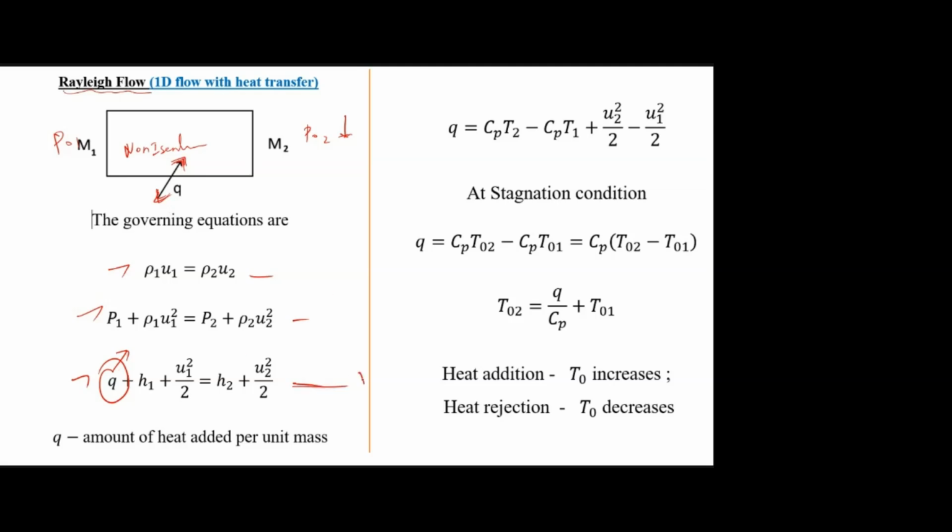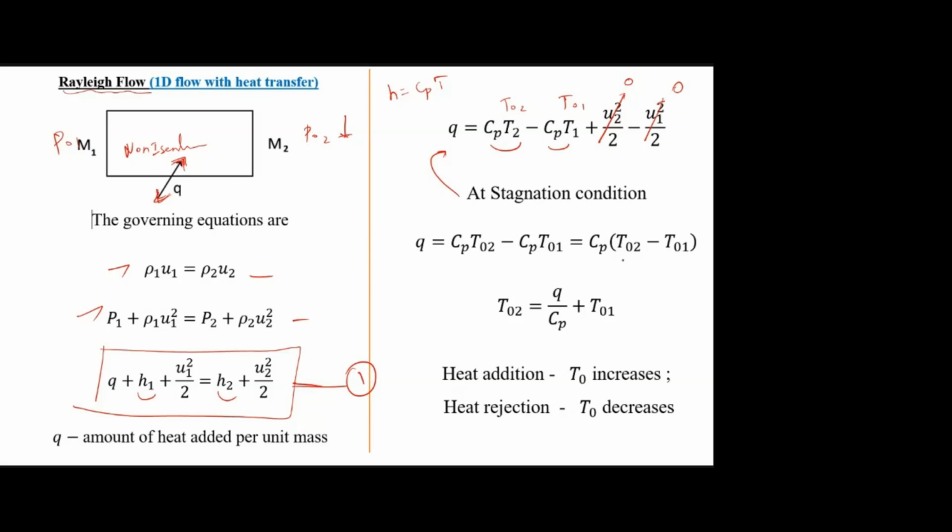So first step, I'm taking this energy equation. Instead of H, I substitute Cp T. Then rearrange, then apply the stagnation condition to this equation. That is, stagnation means velocity will be 0, and T will be T naught 1, T2 will be T naught 2.